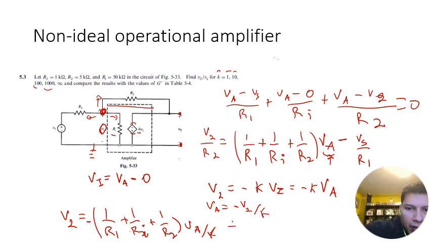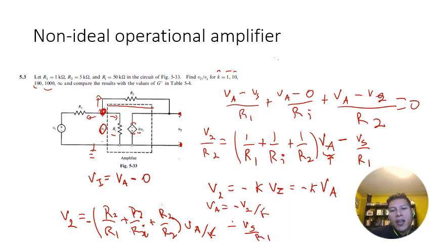Oh, and then we need to multiply everything by R2. So R2, R2, R2, and then minus Vs over R1.